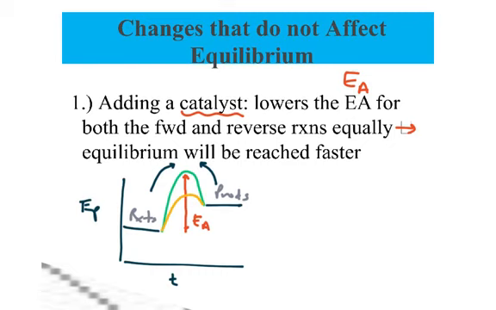They both have a smaller hill now, and so both of them will still maintain the same ratio, same equilibrium, but because the hill is smaller, they'll be able to reach equilibrium faster. So it doesn't affect the equilibrium. It doesn't play favorites. Reactants don't have a bigger advantage than products. They both get an advantage. So equilibrium will be the same, but we'll get there faster.